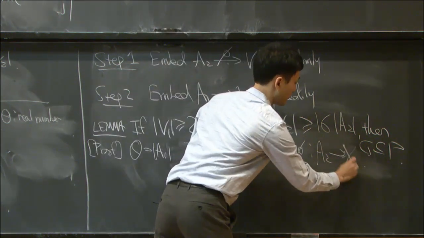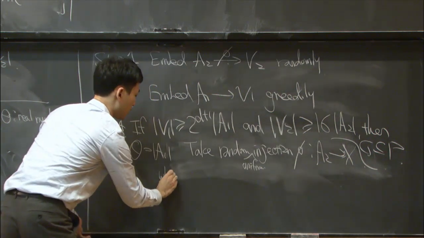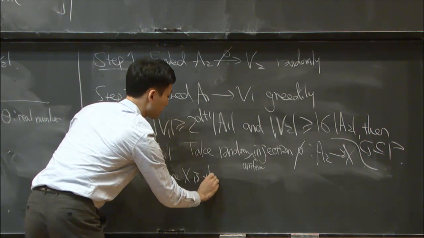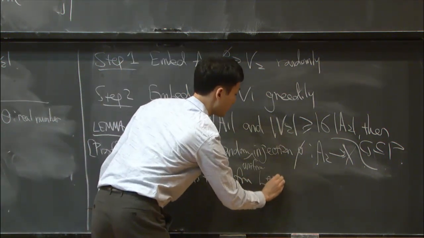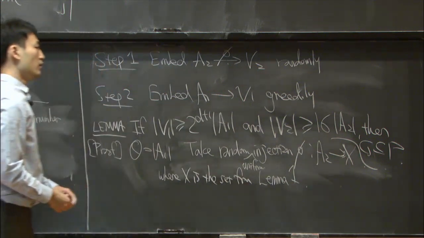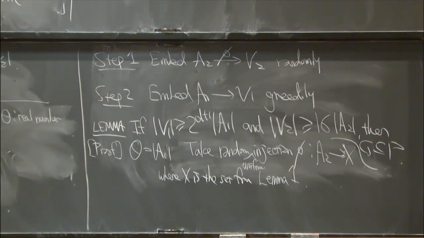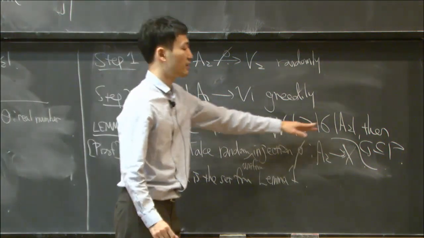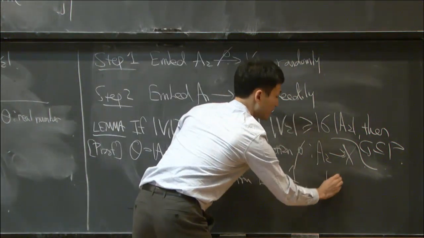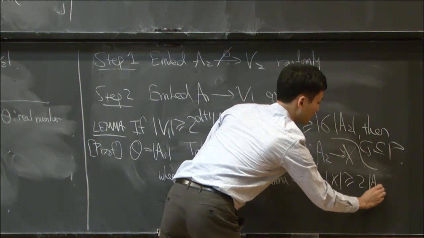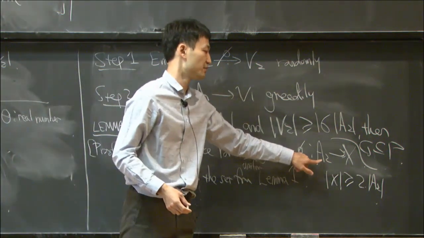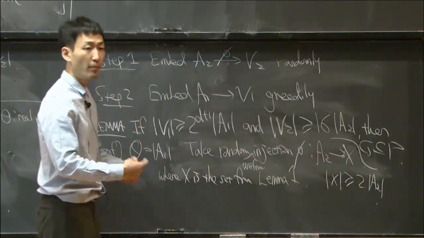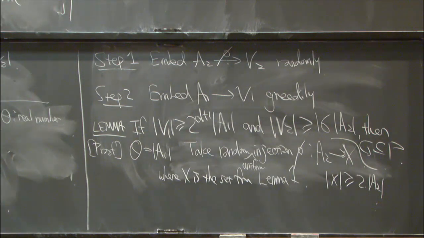A2 to X, where X is a set from lemma 1. Inside V2, I can find a set X satisfying these two properties. Because V2 is at least 16 times A2, X is at least 2 times A2. So I have enough space to find an injection from A2 to X. Out of all possible injections, just take a random uniform injection.